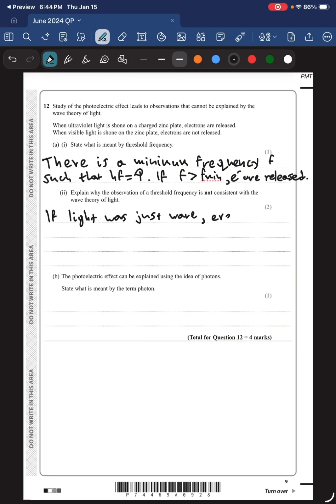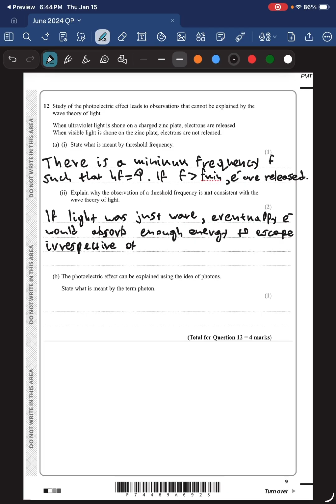Eventually, electrons would absorb enough energy to escape, irrespective of the frequency of the light.